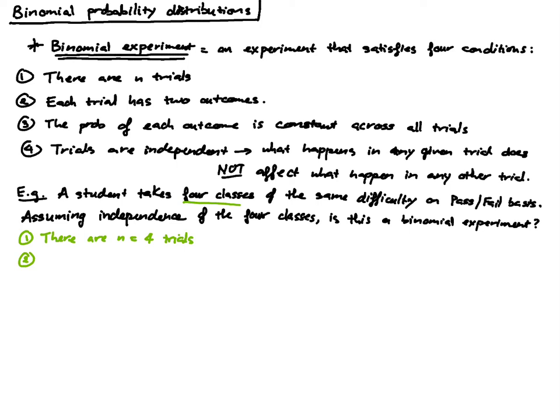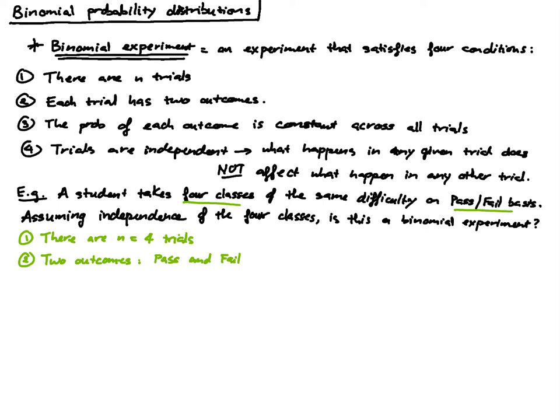The answer is yes, because here the four classes are taken on a pass-fail basis. So the student either passes the class or he or she fails the class. So there's no letter grade A, B, C, D, or F. So we have two outcomes, which are pass and fail.